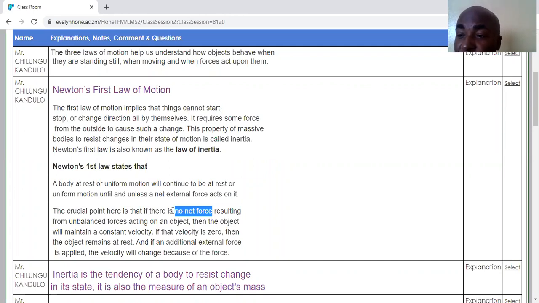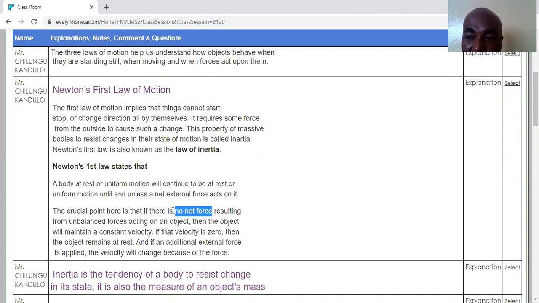So when a body is moving at a constant speed, then the net force, which is the summation of forces, remember when you're adding forces, the force to the east is positive, force to the west is negative. So if the force to the east is equal to the force to the west, it means that body should move at a constant speed.